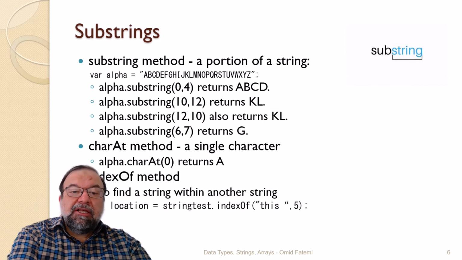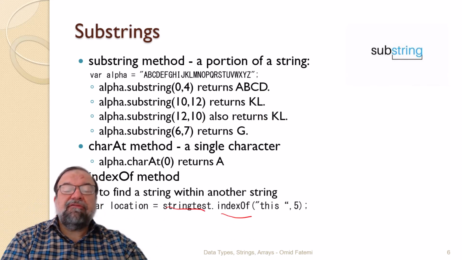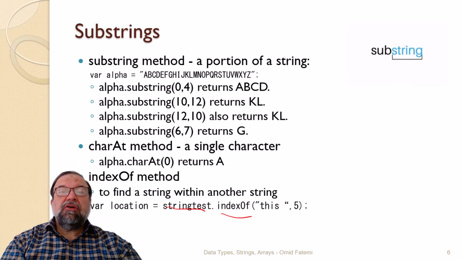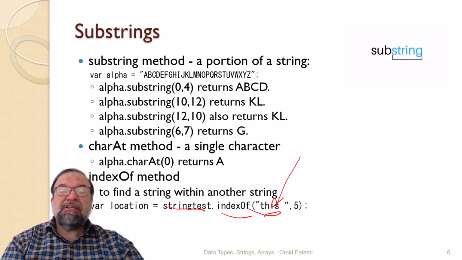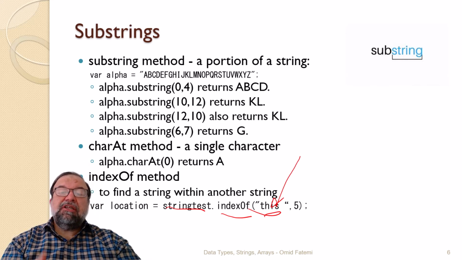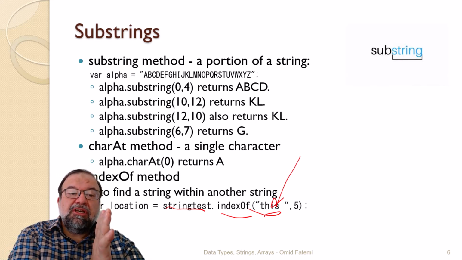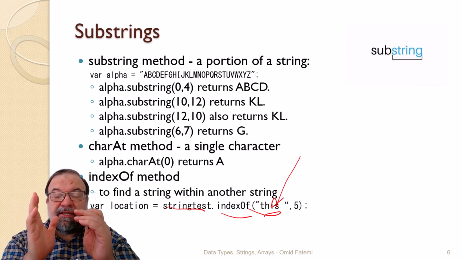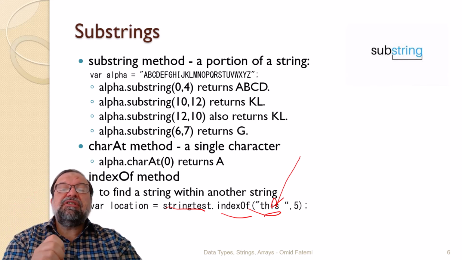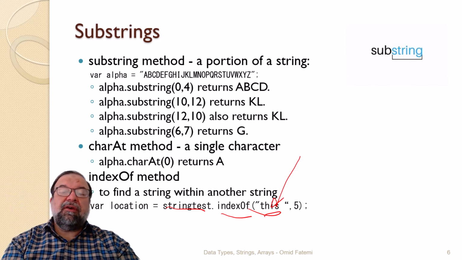For example, a string test.indexOf. Actually, indexOf could accept two parameters. If you just put one parameter, the string that we would like to search for, then it starts from the beginning of the string and searches for this instance, and as soon as it finds it, it returns the index of that string.